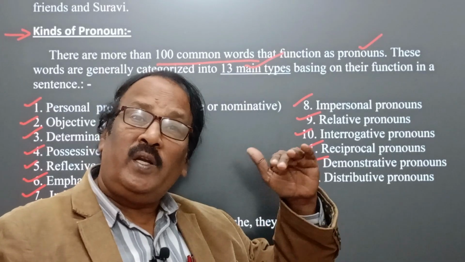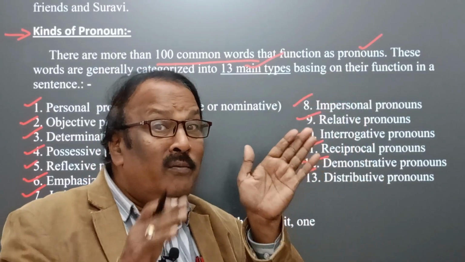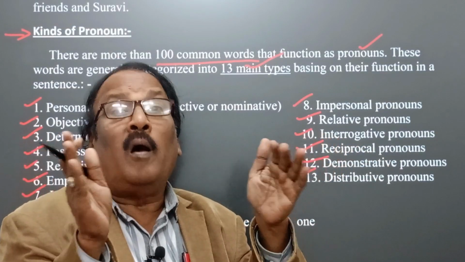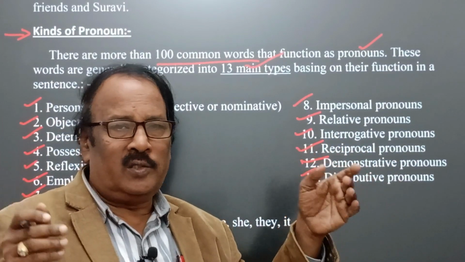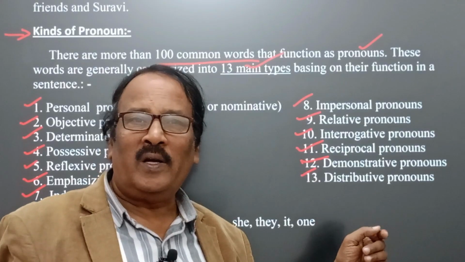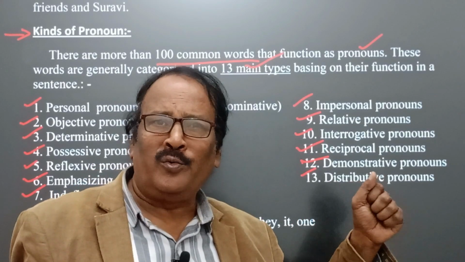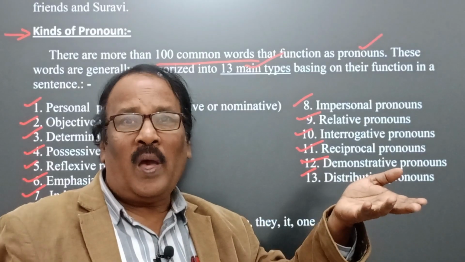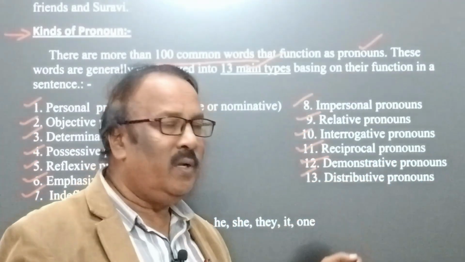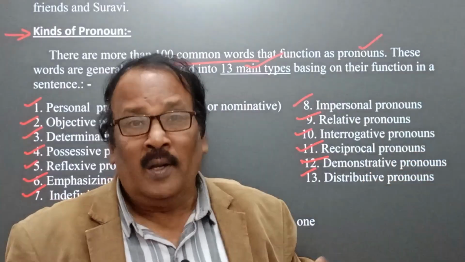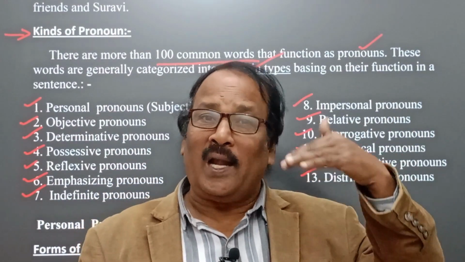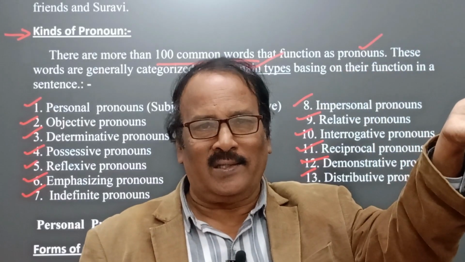Naturally, distributive pronouns are used whenever we indicate any distribution among any persons. In that case, that is what is called distributive pronouns. Either, neither, each are the examples of distributive pronouns. Yes, dear students, we will discuss all these factors categorically in subsequent classes.